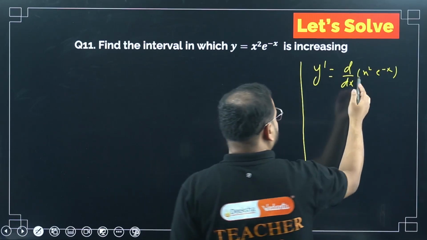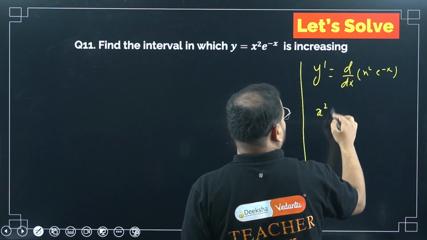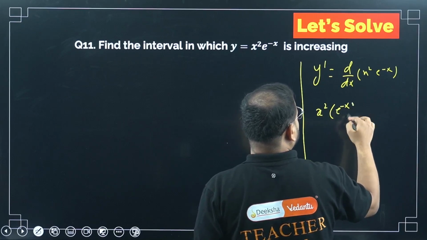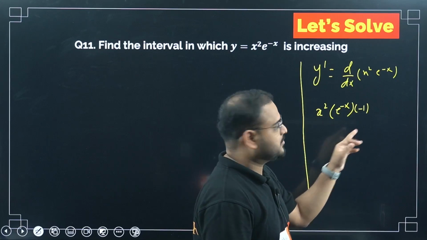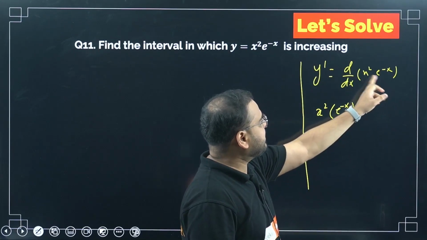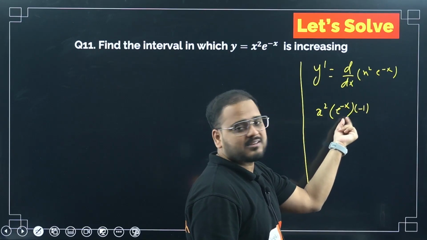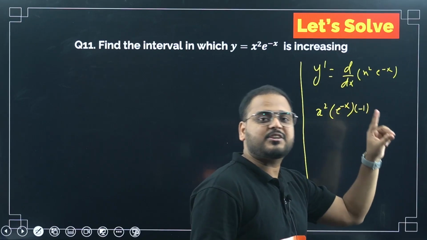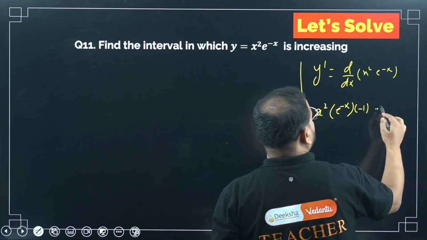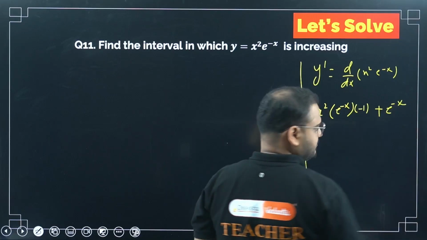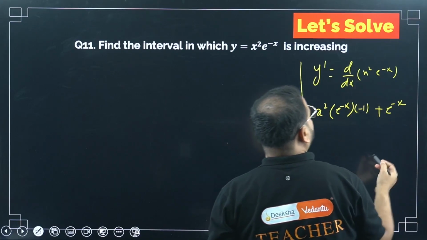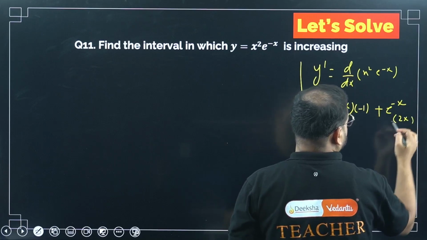How am I going to do it? Product rule. So you keep x square as it is. Differentiating e power minus x gives e power minus x times minus 1, because minus x differentiates to minus 1. Then the plus sign will come. Keep e power minus x as it is, and the differentiation of x square is simply 2x.